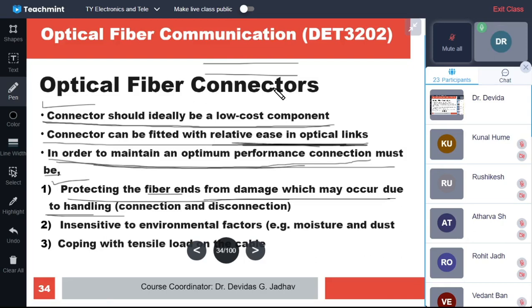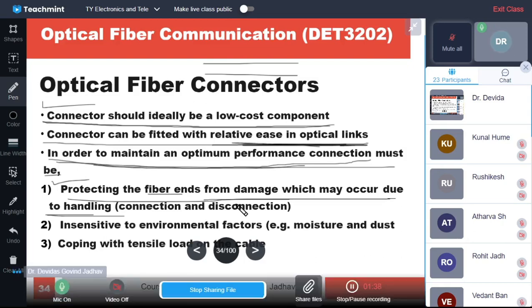But in this case, connectors are mountable and demountable, so a permanent joint is not achieved. There is a chance of moisture and dust affecting the joint, but it should be insensitive to environmental factors like moisture and dust.